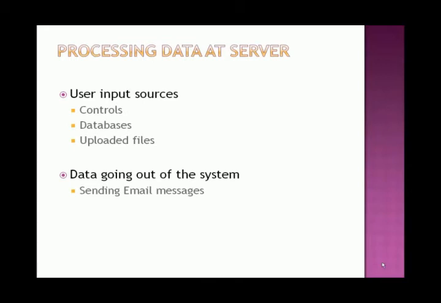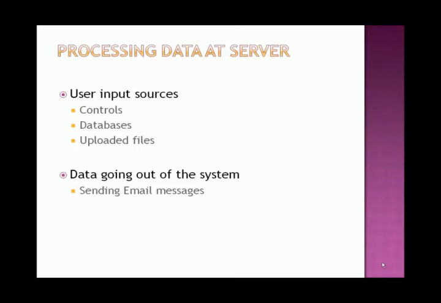Now, moving on, we have allowed users to interact with the web page, and we also validated the data they entered. Now the user has pressed the submit button, and we want to see how we can process this data.